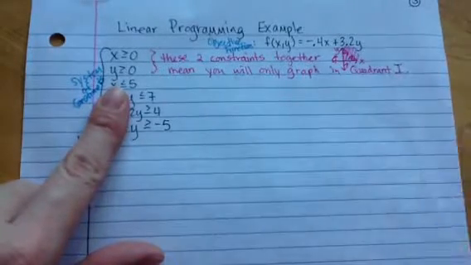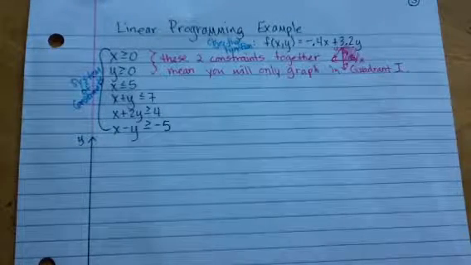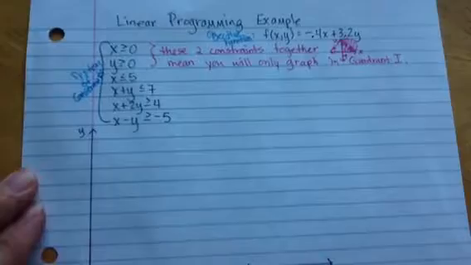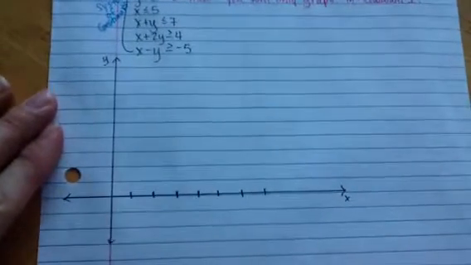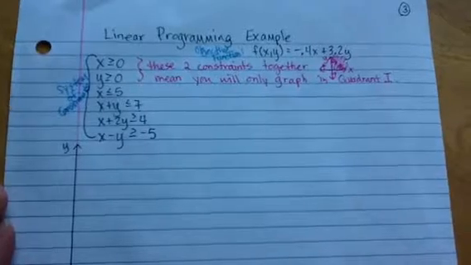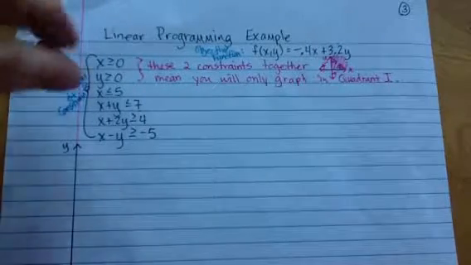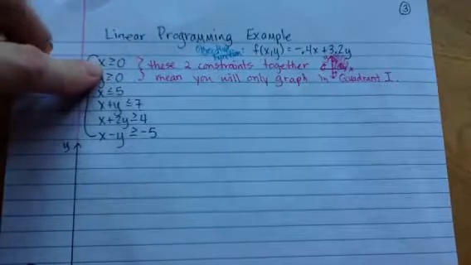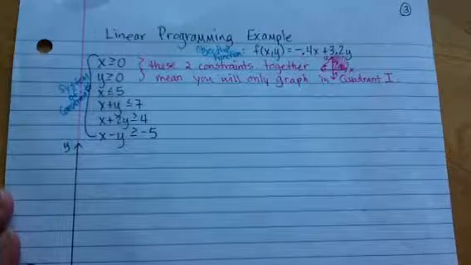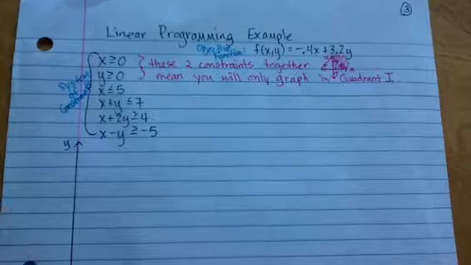So often when I see those, I go ahead and make my coordinate plane just smaller like this, so that I really only have quadrant 1. So let's move on, because we know we can pretty much ignore these first two constraints because they just mean use only quadrant 1.